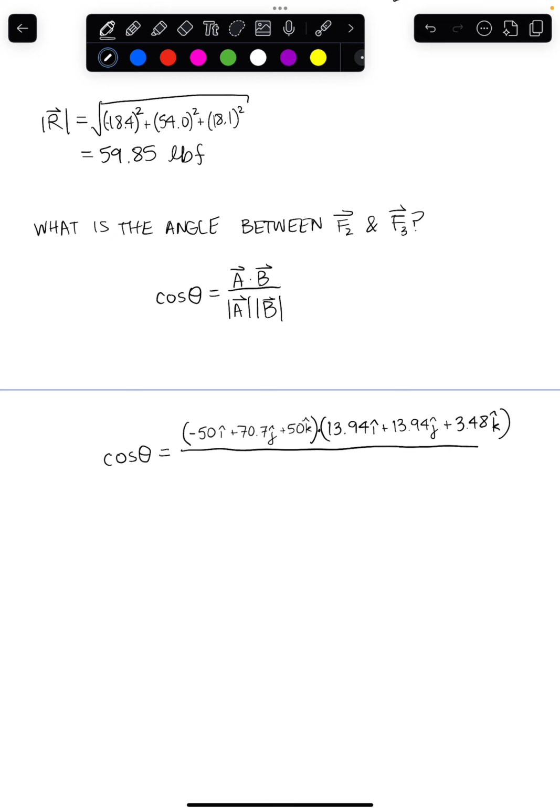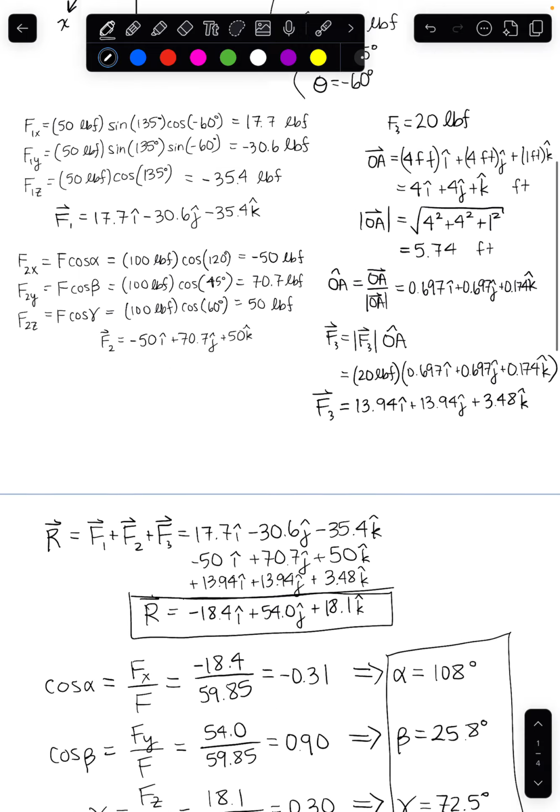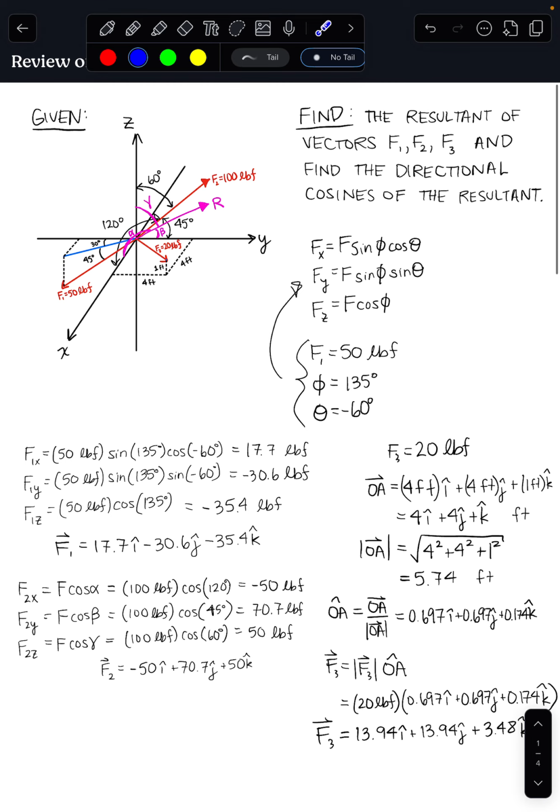Okay, and divided by the magnitudes. Now, you can solve for the magnitude again by doing the sum of the squares of these components, square rooted. But we already have the magnitudes. That's what was given to us at the beginning of the problem, right? So if I look up here, the magnitude of F2 is 100 and the magnitude of F3 is 20.